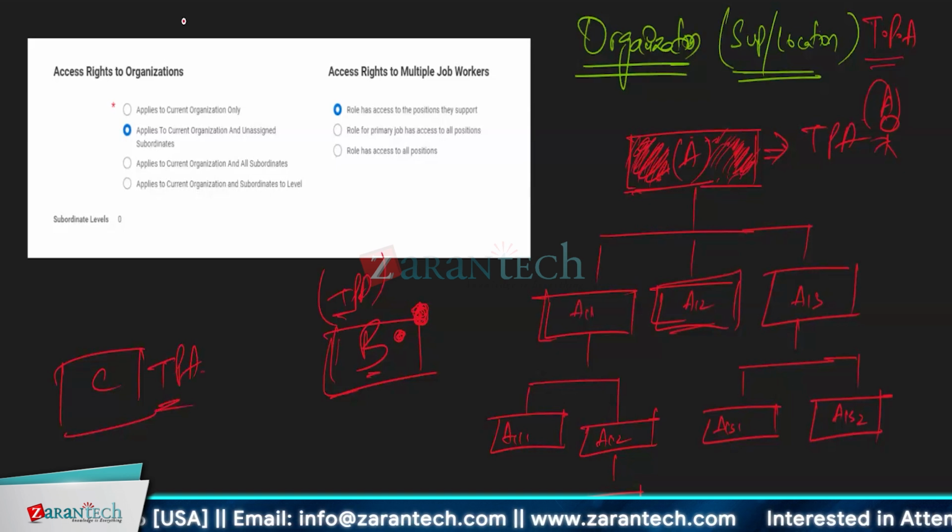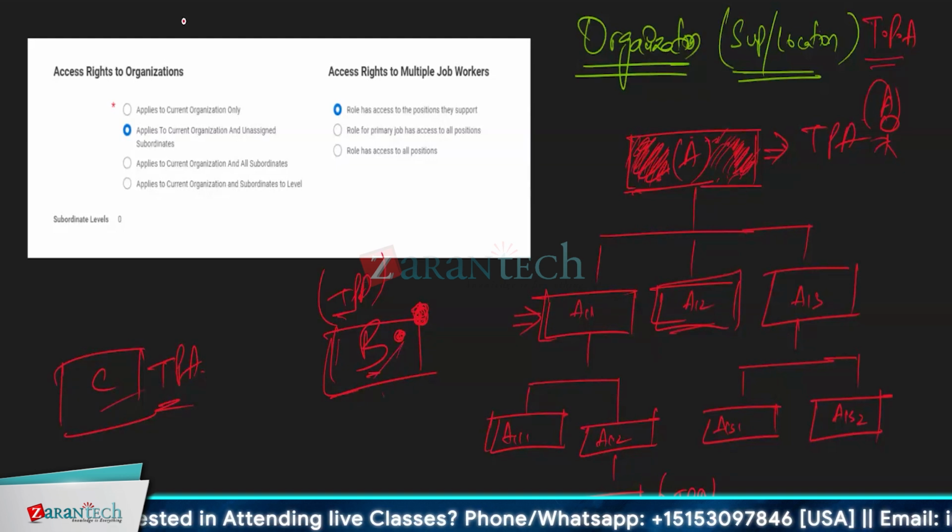Even if you assign a time profile approver on A11, it will assign it there, and also check for any unassigned orgs. It will assume that these orgs were supposed to be subordinates of this one but are not assigned, so it will automatically assign the security to all the unassigned organizations.